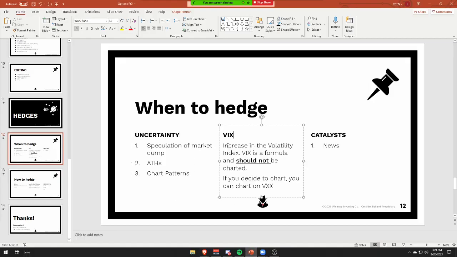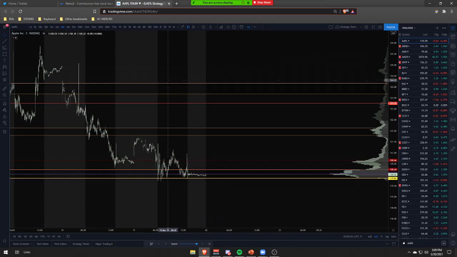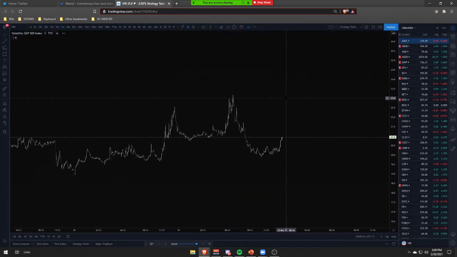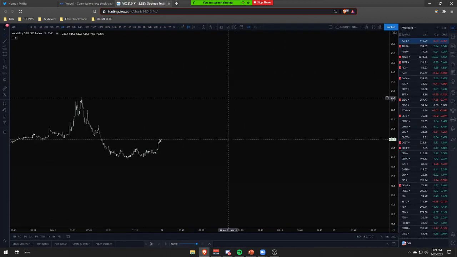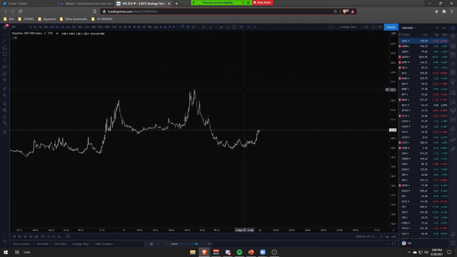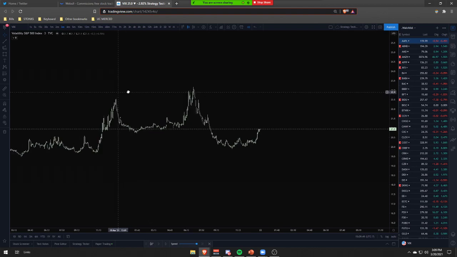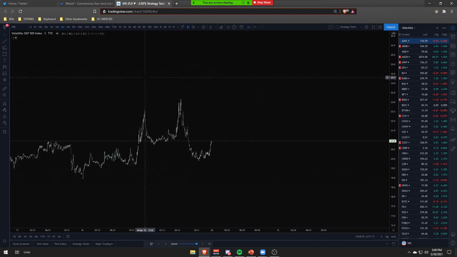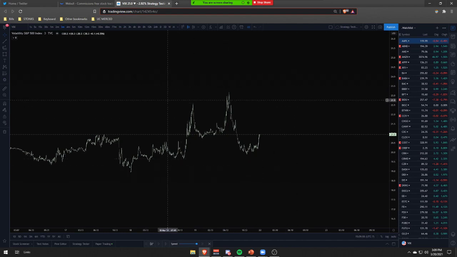You have the volatility index. VIX is a formula and should not be charted. I want to make that really clear because VIX is a formula, right? VIX is a 30-day formula basically to see the volatility within the next 30 days, right? So this looks like a normal chart, but you can't chart this because it's basically a formula.